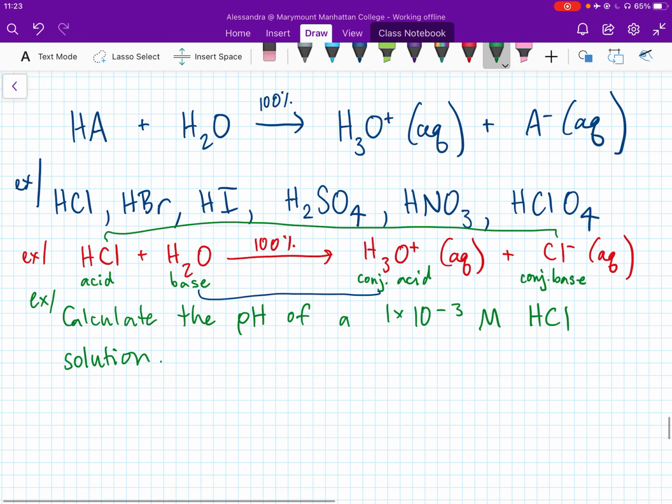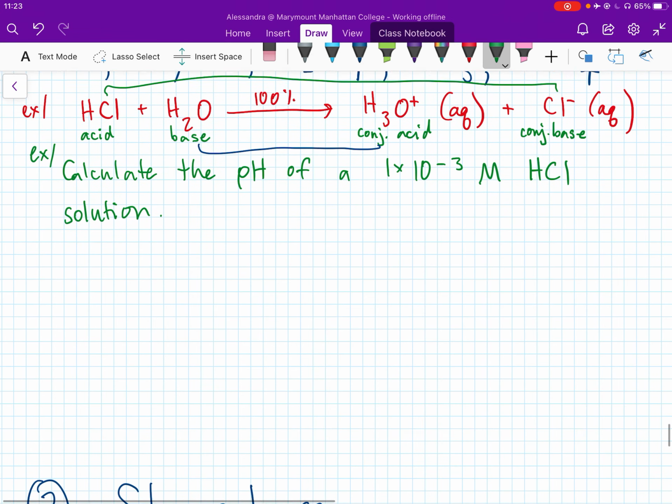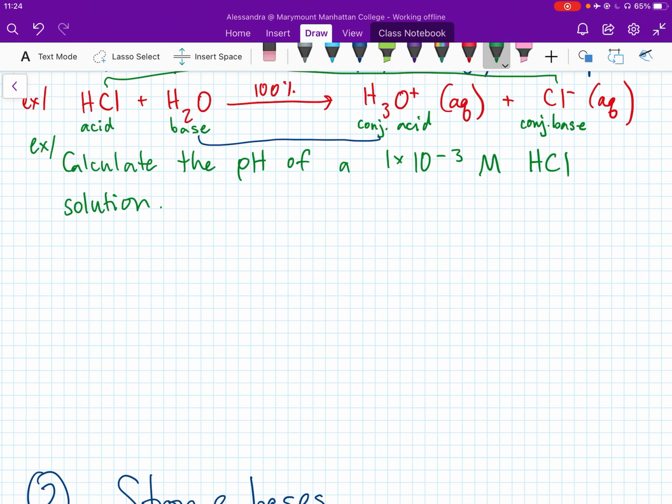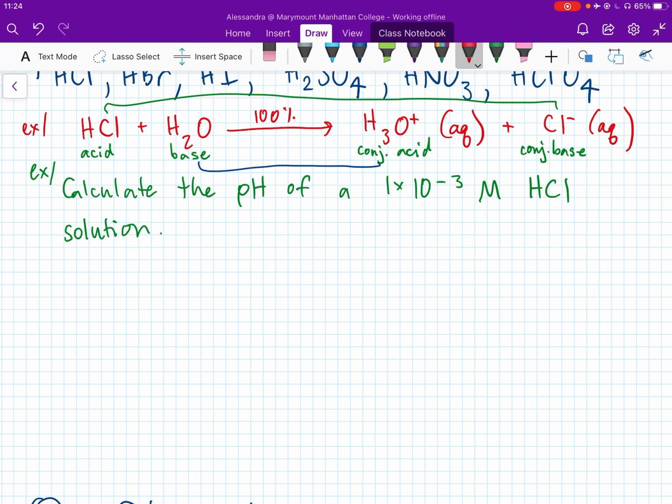So knowing that a strong acid undergoes complete dissociation, we can do calculations. For example, calculate the pH of a 1 times 10 to the minus 3 molar solution of hydrochloric acid. Now, you know that hydrochloric acid undergoes complete dissociation. We just wrote the reaction for it above, right?